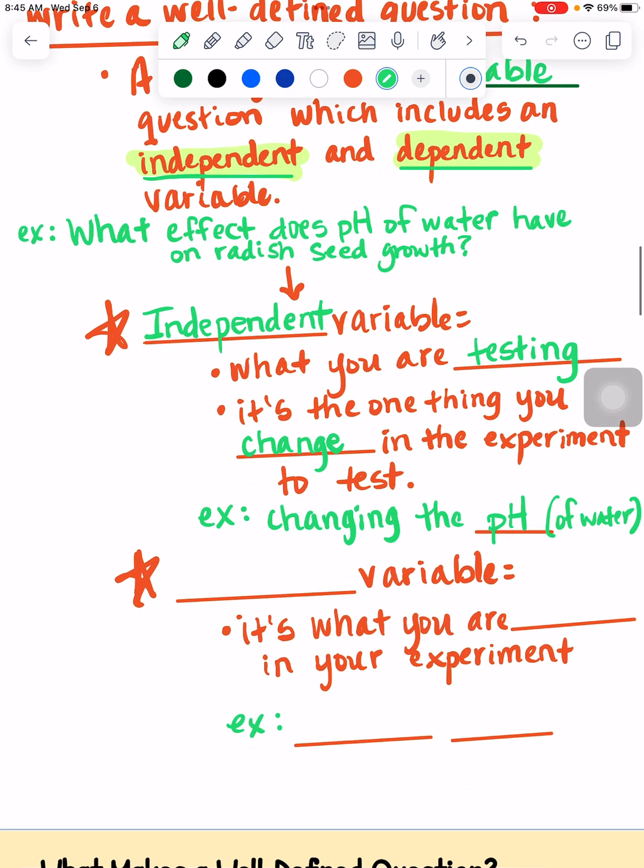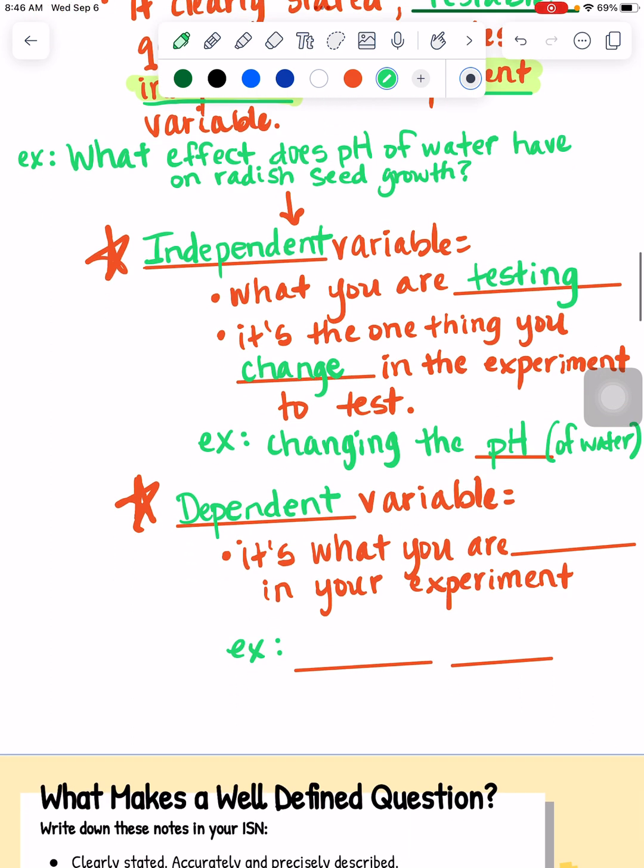Next type of variable is our dependent. D-E-P-E-N-D-E-N-T. Dependent. The dependent variable is what you are measuring in your experiment. Measuring.